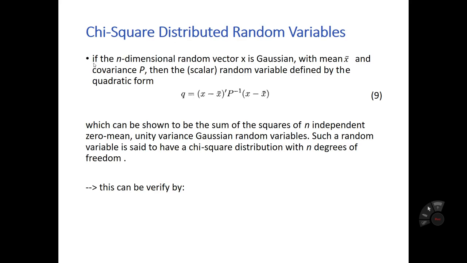Here, what is chi-square? You can say the chi-square q is any threshold or any scalar variable or threshold.